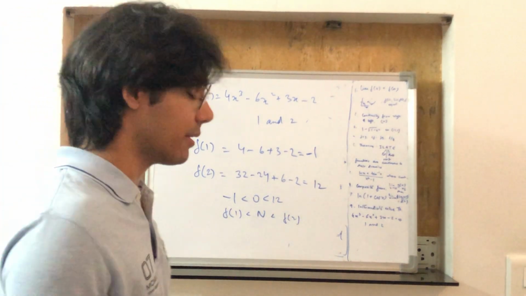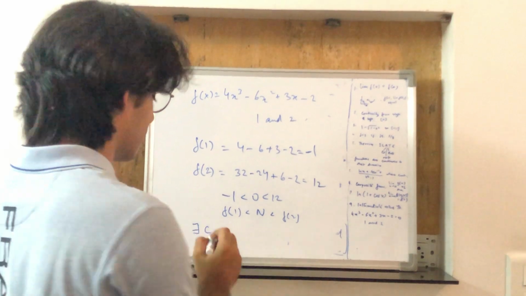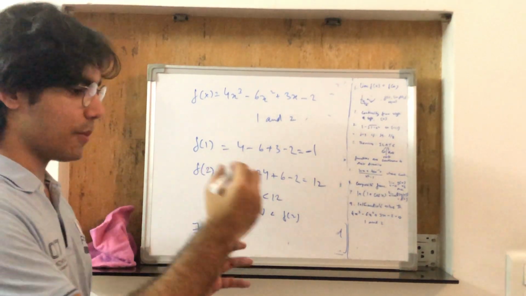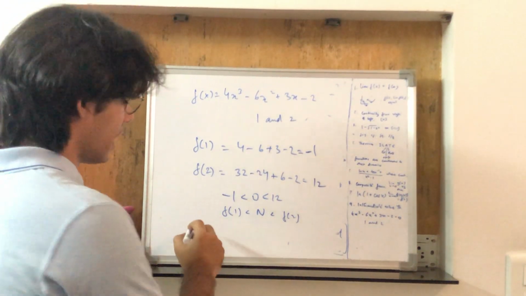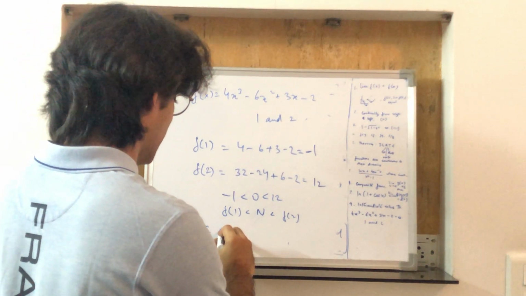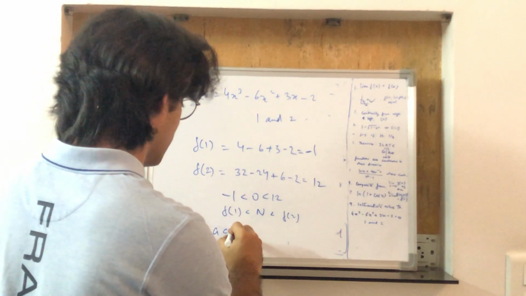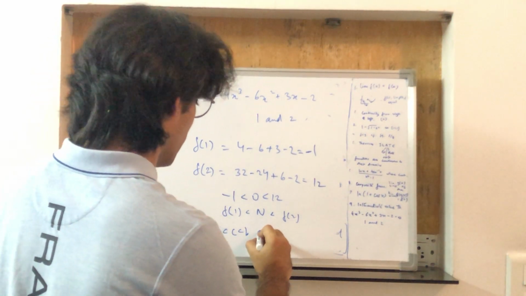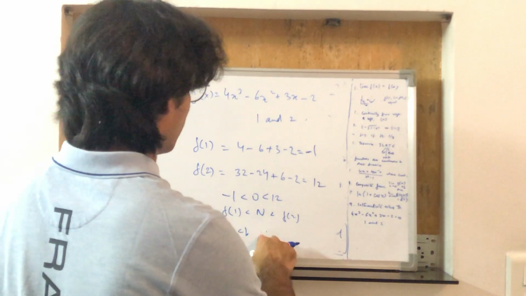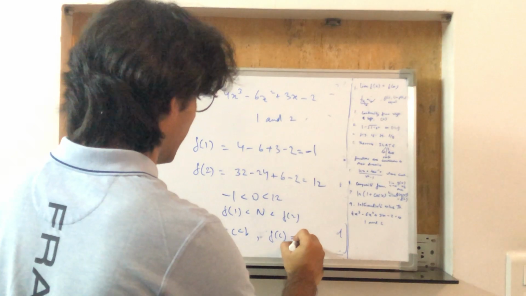Using the intermediate value theorem, I can say that there exists a c, this is the symbol for there exists, an opposite capitalized E. There exists a c in (a, b), which is a less than c less than b. That tells us that f of c is equal to n.